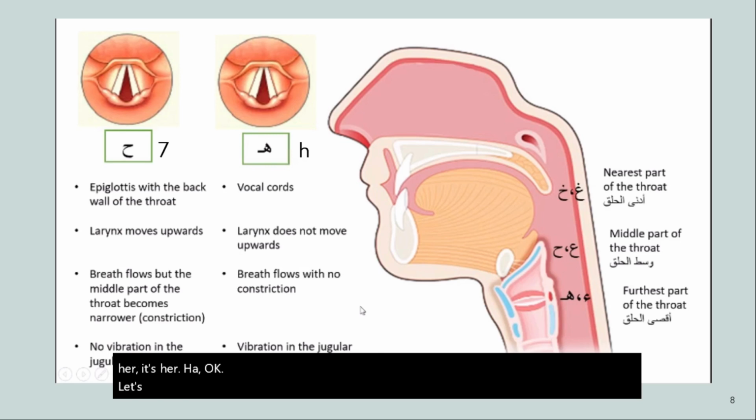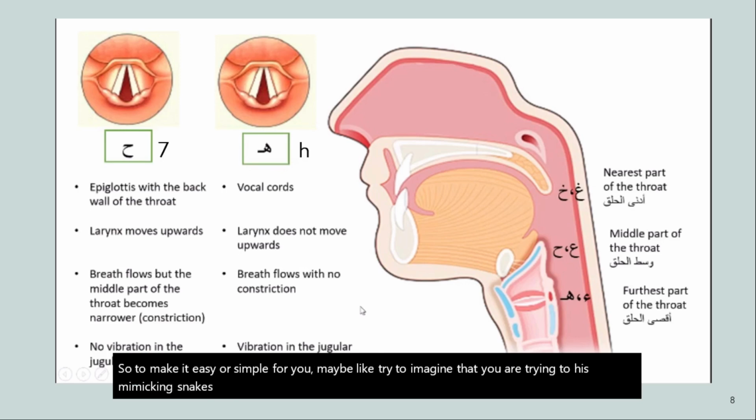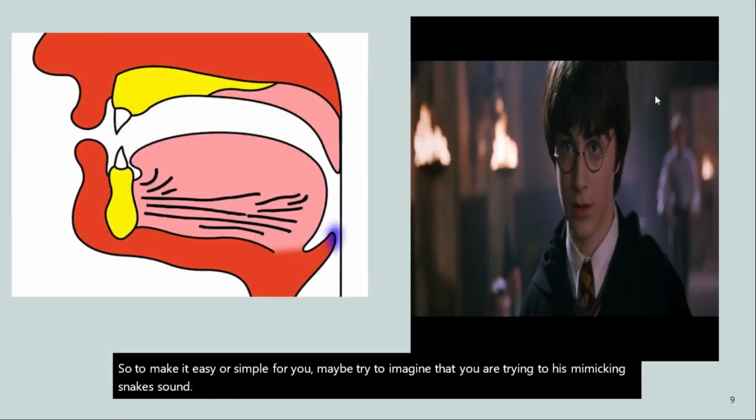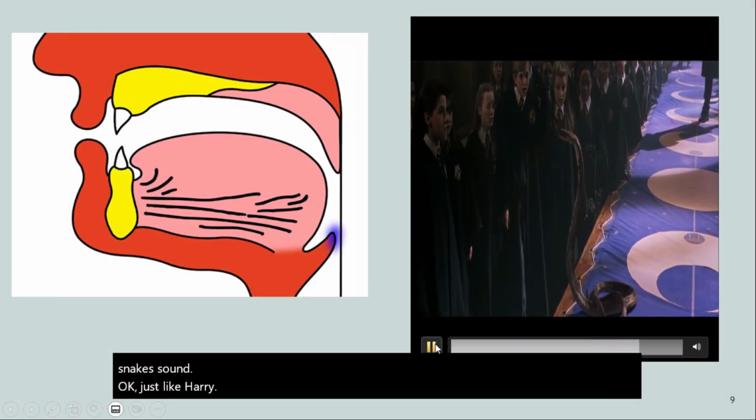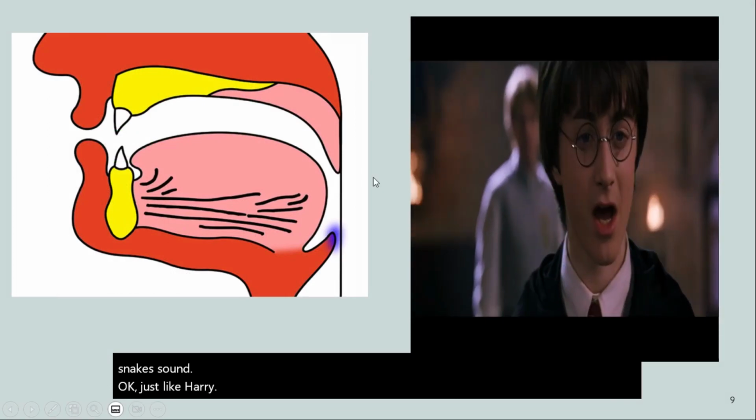So to make it easy or simple for you, maybe try to imagine that you are trying to hiss, mimicking a snake's sound. Okay, just like Harry Potter. Imagine yourself like you're Harry Potter trying to talk to snakes, trying to hiss like them.